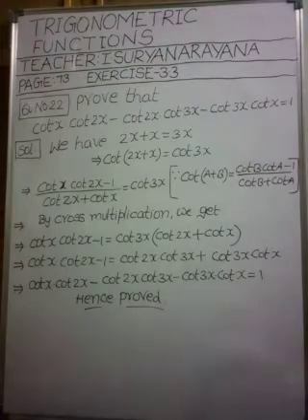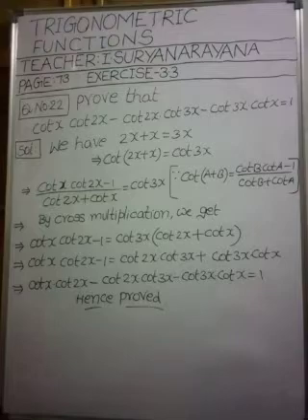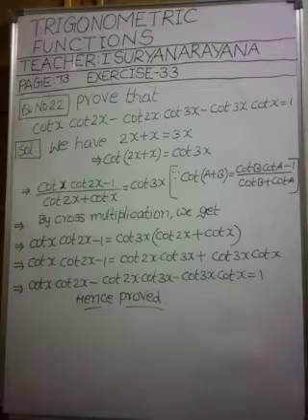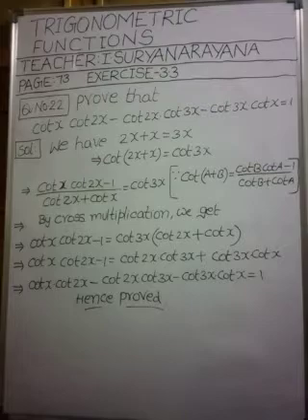Okay, my children. This question is entirely different from the previous 21 questions. In the 21 questions, we proved the statements by taking LHS equal to RHS, and for some questions we took LHS and simplified up to some part, and we took RHS also separately and simplified.